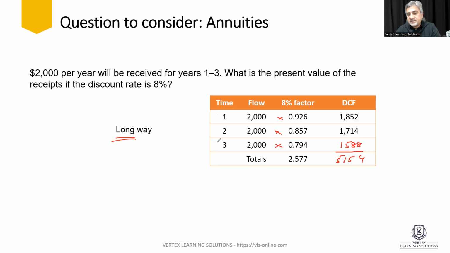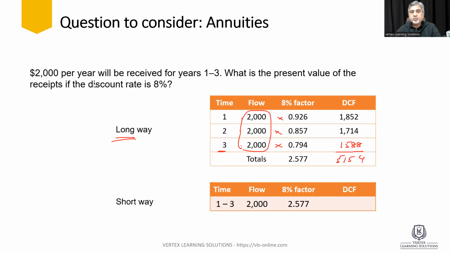Now, because it is a fixed number of years, like 3 years, and it is the same amount, we say that this amount is an annuity amount. So if it is an annuity amount, we have this opportunity to solve it in a short way. What you do, you just say, okay, how much is the annuity? The annuity is 2,000, and you multiply it with the annuity factor.